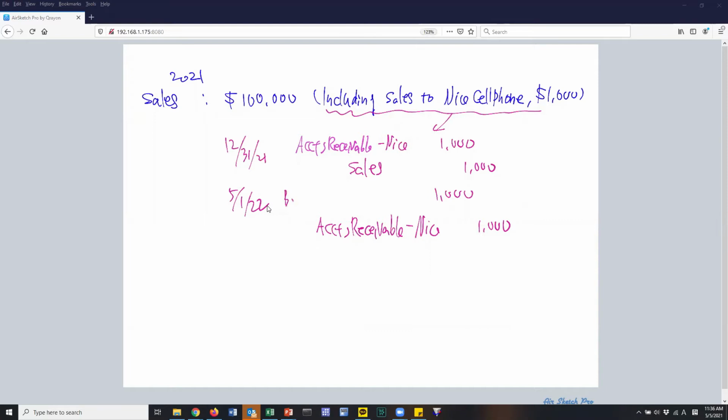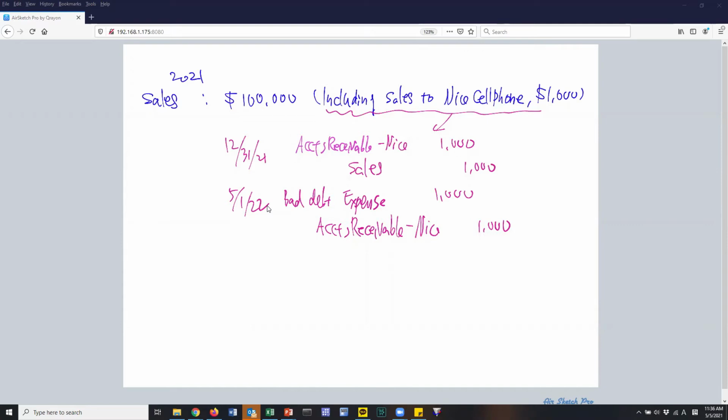Called bad debt expense. What does that mean? He is thinking that sales is $1,000, expense is $1,000. In the end, I'm going to report 0 net income for this transaction, which makes sense, right? So he decides to journalize entries like this.